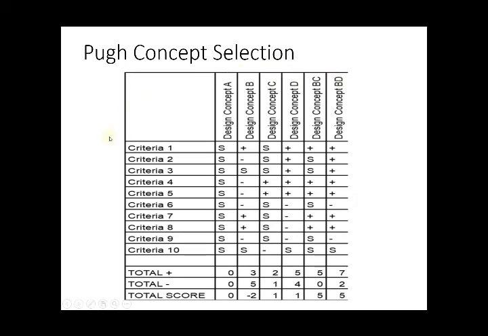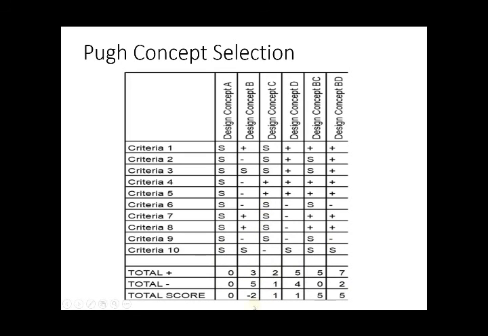So this is one round completed. In the next round, we keep the next design concept as the standard concept. So this time, in the second round, design concept B will be kept as the standard and S will be marked here. Every criteria will be marked as S. Then we compare A with B, C with B, D with B, BC with B and BD with B. And we list down the plus sign, minus sign or S value.